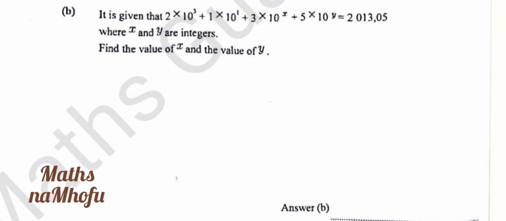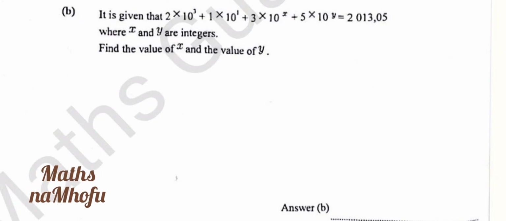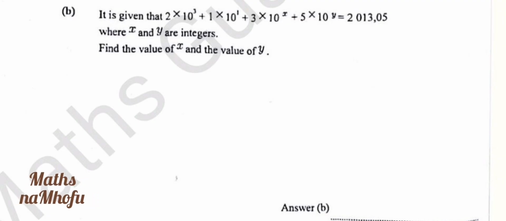The next question is asking us that it is given that 2 times 10 to the power 3 plus 1 times 10 to the power 1 plus 3 times 10 to the power x plus 5 times 10 to the power y equals 2013,05.